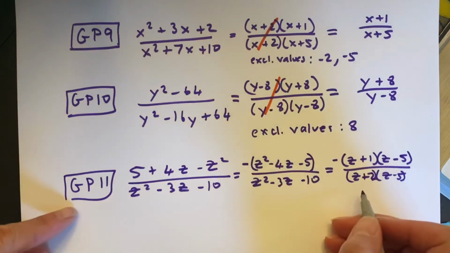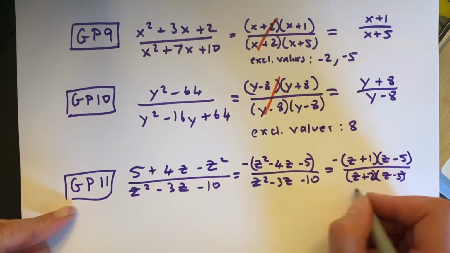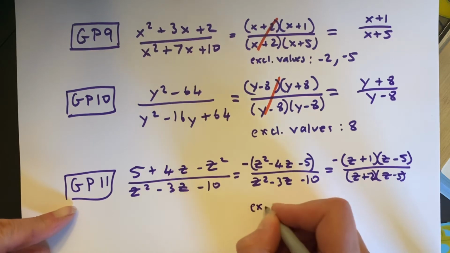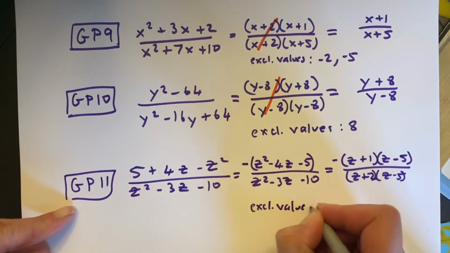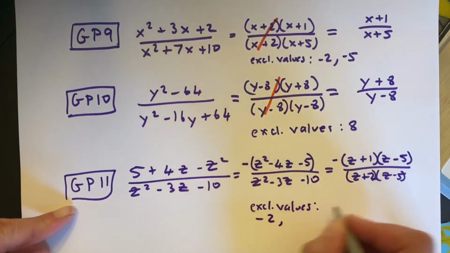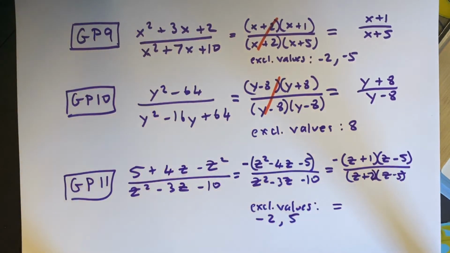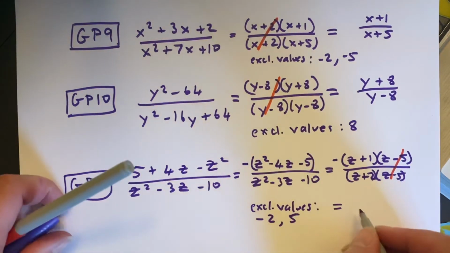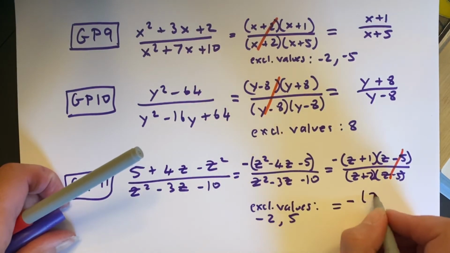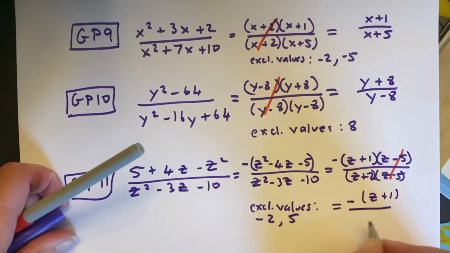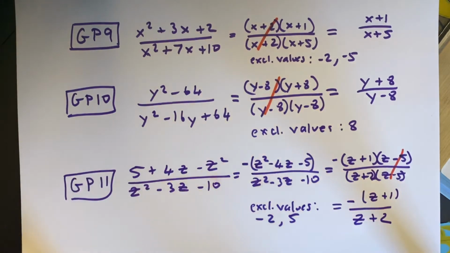So my excluded values, I realize this is a bit messy, but my excluded values are going to be negative 2 and positive 5. And my answer is going to be, after I cancel out the two z minus 5s, negative out in front, z plus 1 over z plus 2.